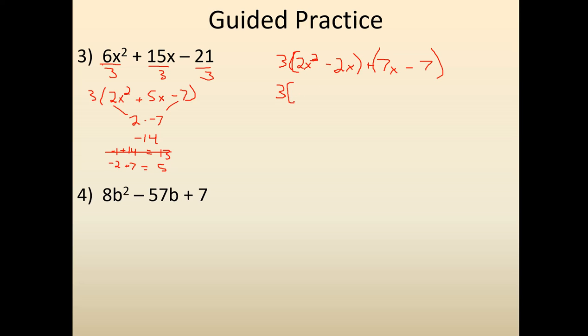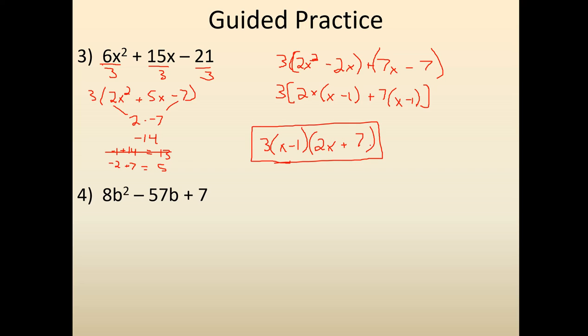Clearly, I'm going to be able to pull out a 2x from that, and I'll be left with an x minus 1. And from here, I could pull out a 7, and I'll be left with another x minus 1. So my final factor will be 3 from before, the x minus 1 that they both share, and the 2x plus 7 that are in front of them.